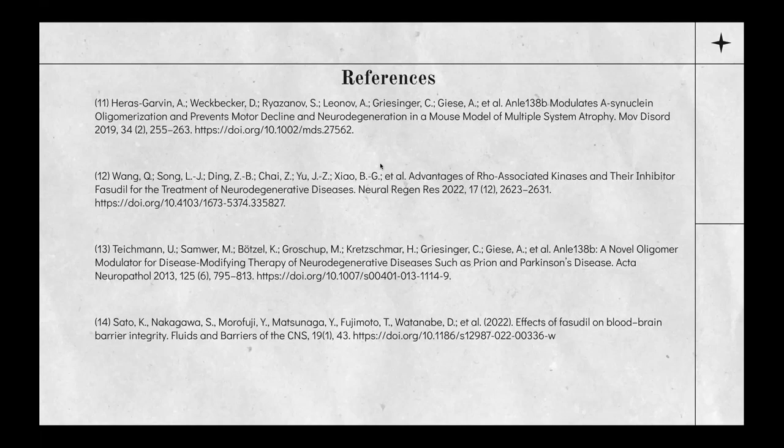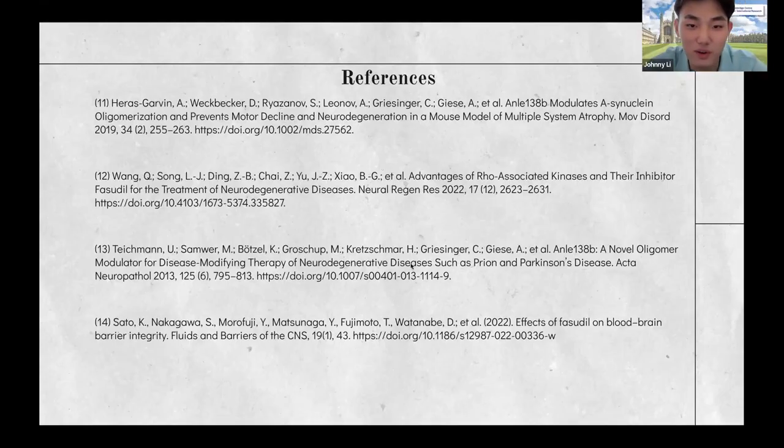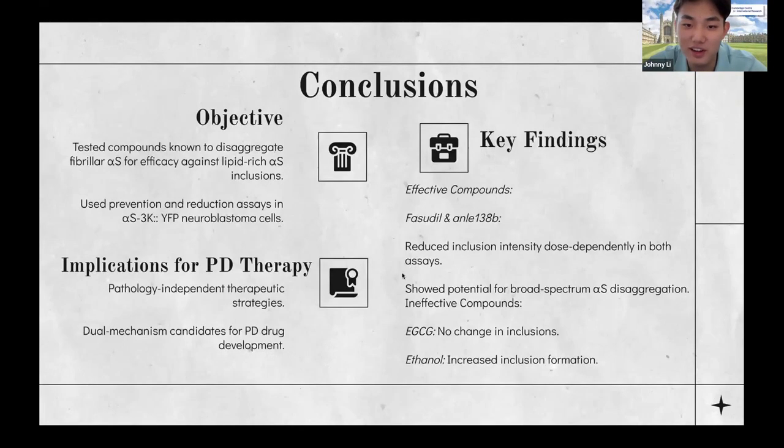Great job. Thank you for presenting our work. I'm now wondering, of the drugs you presented, which one do you think might have a real chance of being a therapeutic one day? Just based on what we had done, and what I noticed overall, I feel like the obvious choice would be to say Fasudil, since it did the most inclusion reduction, but I feel like the toxicity issue with it is pretty prevalent.